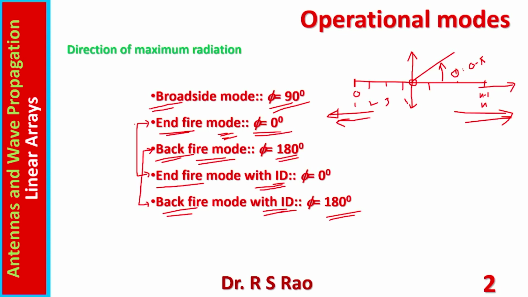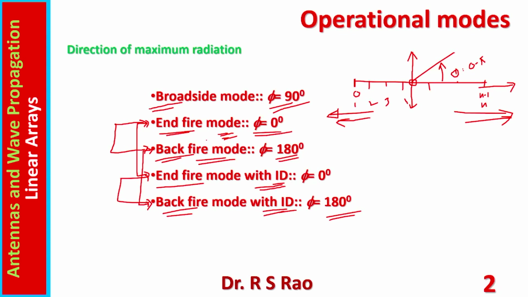Also, end fire mode and backfire mode: their performance is almost the same except for the difference in directions of maximum radiation. Similarly, performance of end fire mode with ID is almost the same as performance of backfire mode with ID operation, except for the difference in directions of maximum radiation.